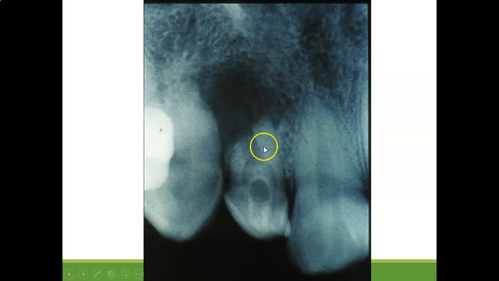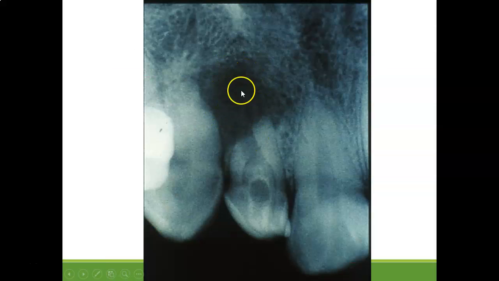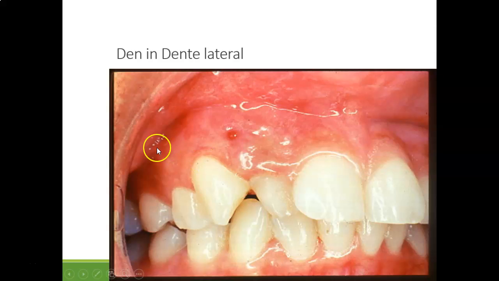If we look at the x-ray, we can see it's almost like a tooth within a tooth, but look at how much bone loss and abscess is happening at the apex of this tooth, and that is what's draining out right here. So this is all bone loss and infection, and it's found its path of least resistance to work its way out of the bone and out to the outside world. So that's what's happening there.